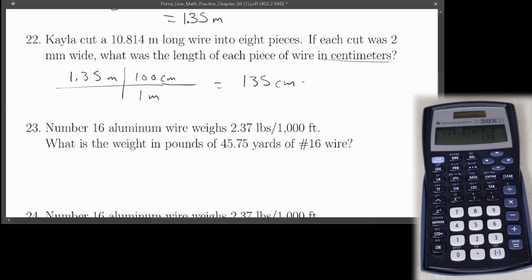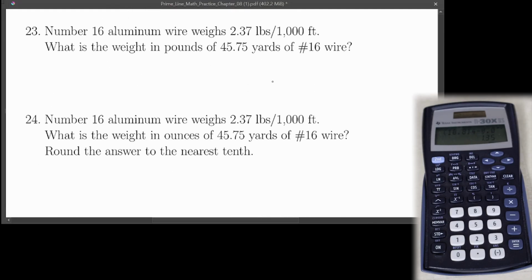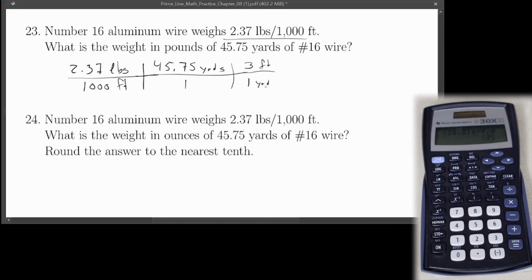On number 23, we have a certain aluminum that weighs so many pounds per foot. So we're going to start off with the 2.37 pounds per 1,000 feet. And we want to figure out, if we have 45.75 yards, how much is that going to weigh? From here, that's over 1, we're going to say in 1 yard there are 3 feet. Notice our yards will cancel, our feet will cancel, and we're left just with pounds.